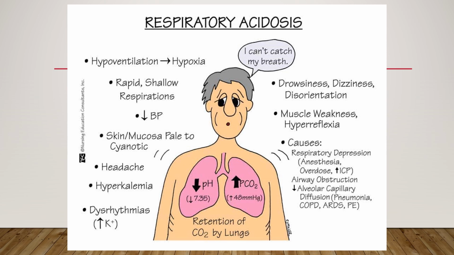And so we may not know definitively that they are developing respiratory acidosis because we're not going to have a blood pH level in that moment. But if we are seeing the hypoventilation with the rapid, shallow inspirations, we're noting that drowsiness, dizziness, or confusion, and we know that they have a pulmonary condition, we need to know that there's a potential risk for this.